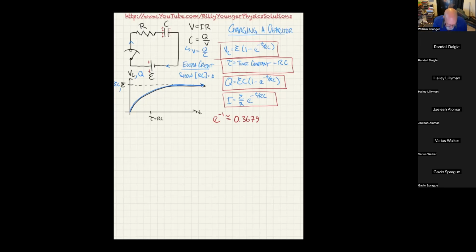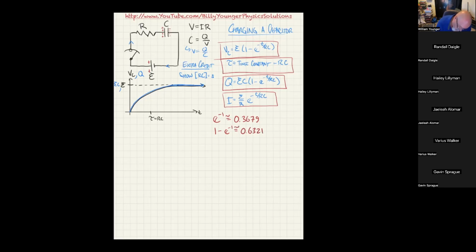But what we have in V and Q is 1 minus that. So if I do 1 minus that, I get 0.6321. So 1 minus e to the -1 is equal to 0.6321 approximately.